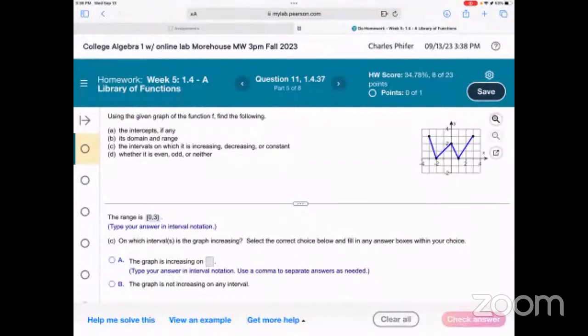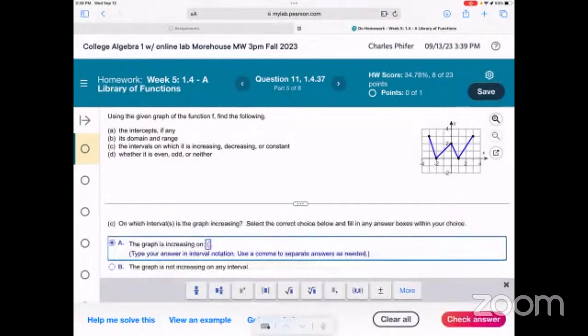So the graph is increasing as we trace it left to right as x goes from negative 2 to 0 and 1 to 3. Right here, parentheses, we said negative 2 to 0, and then as x goes from 1 to 3.